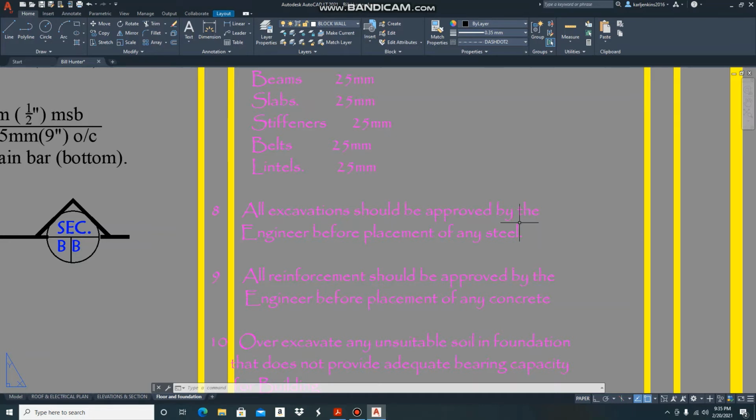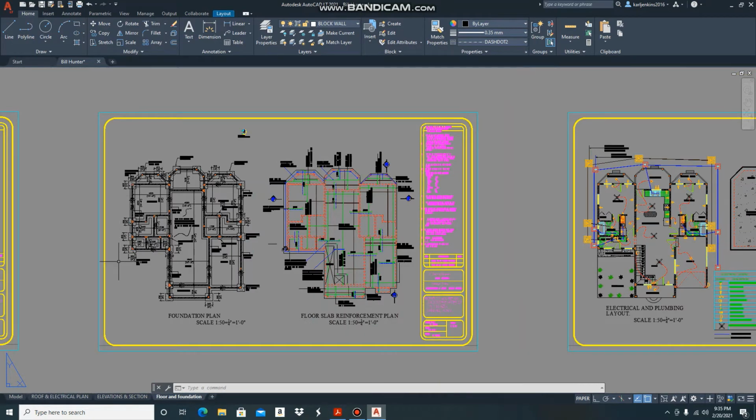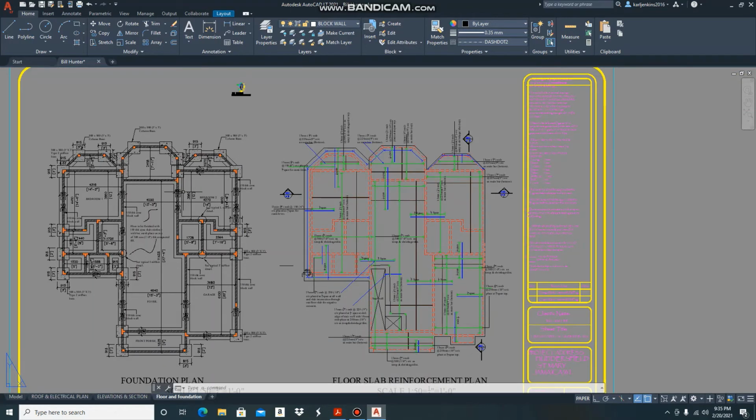In other words, the bearing capacity of that site is not strong enough to carry the weight of the structure. So all this information is contained in your general notes. So you must read your foundation notes when you're excavating your foundation.